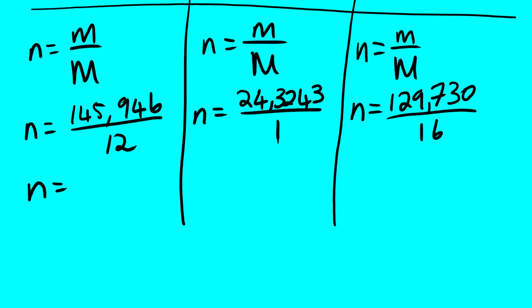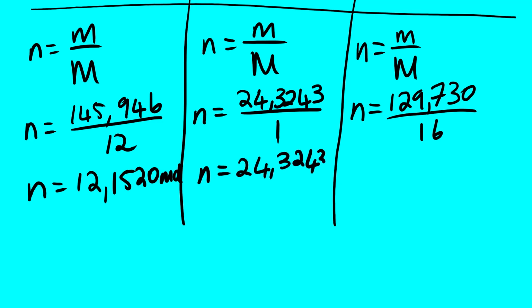Punching this on the calculator, we have 12.1620 mole. And for this one, anything divided by 1 is that anything, 24.3243 mole. Then we have 8.10813 mole.